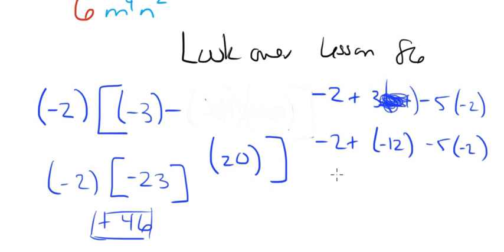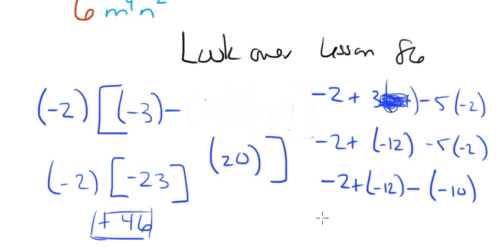Honestly, it's better if you do it like this: -2 plus -12, and then minus, and then 5 times the opposite of 2, which is going to give us a -10. You can bring this down as a minus, opposite of 5 times the opposite of 2, and it'll save you a step. But this is what we have right here.